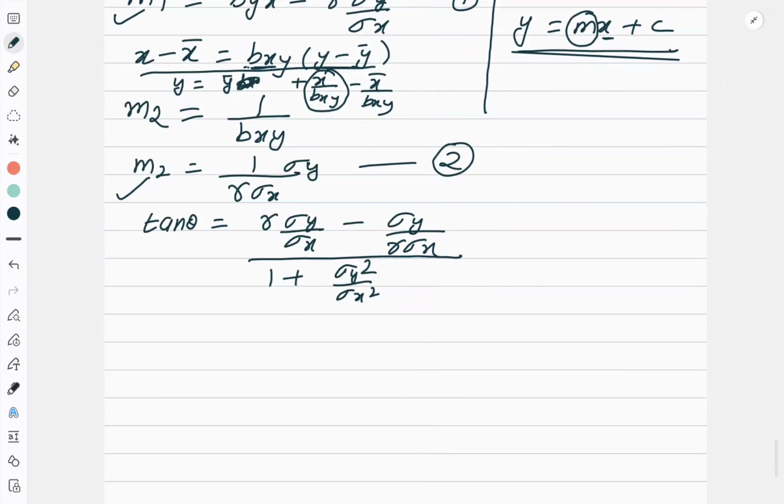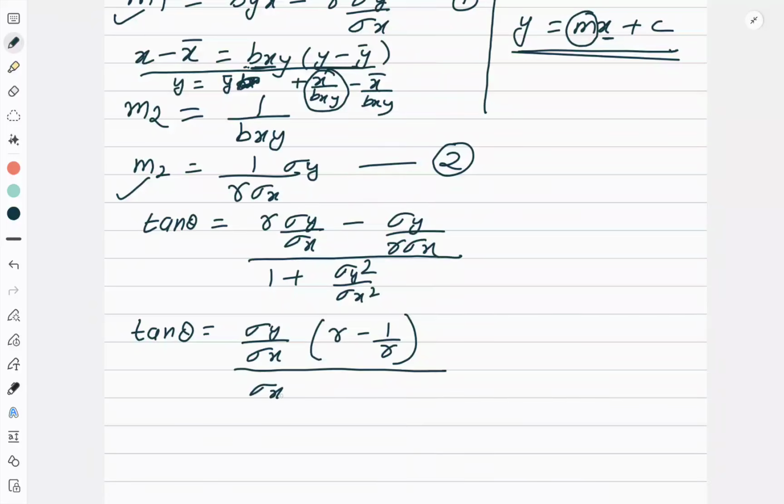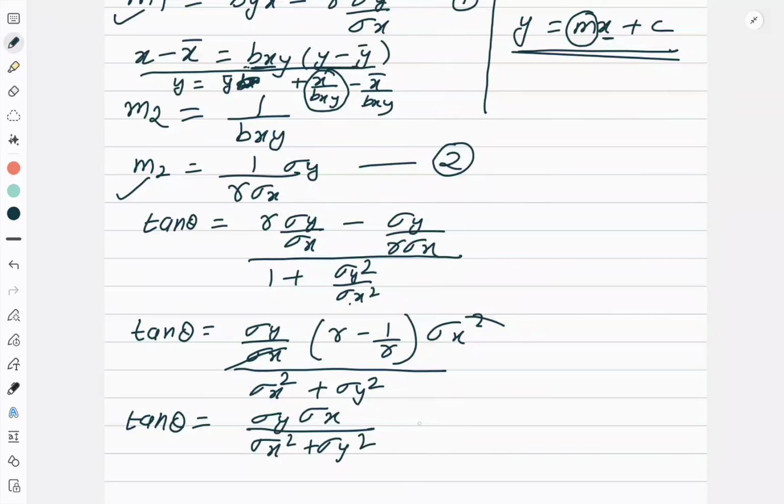Now if I simplify this, tan theta is equal to, you can take sigma y upon sigma x common, so (r minus 1 by r), upon, take the LCM, (sigma x square plus sigma y square), and this denominator will go in the numerator, correct? When you simplify it further, this sigma x and this will get cancelled. So sigma y sigma x upon (sigma x square plus sigma y square), and here (r square minus 1) upon r. So I got the result.